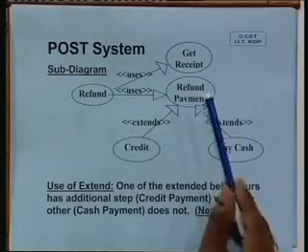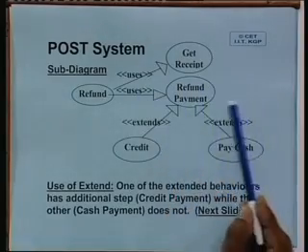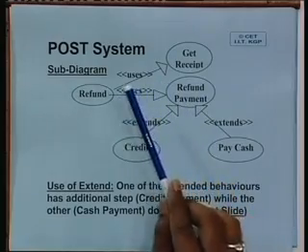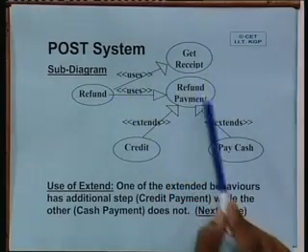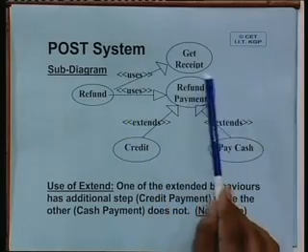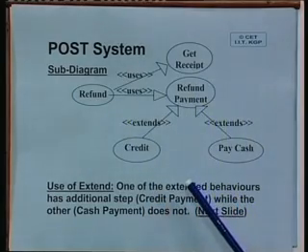See, you can just have a difference of these, basically both use a similar symbol, but for the uses, the arrow is from the use case to its constituents. Look at this, the refund has two components, get receipt and refund payment, alright.